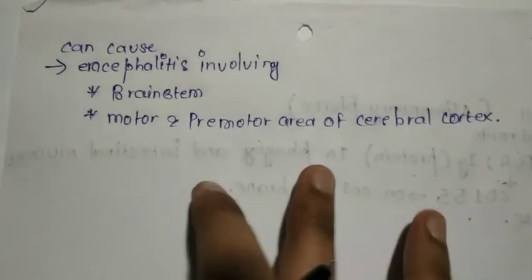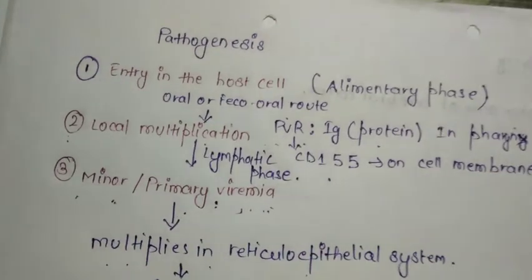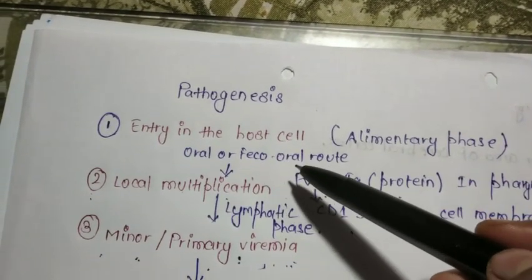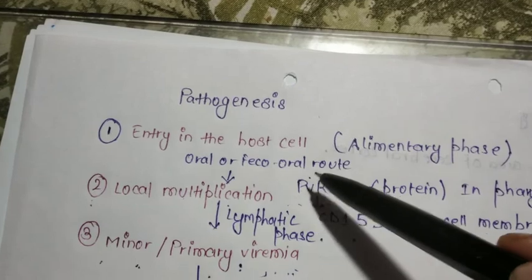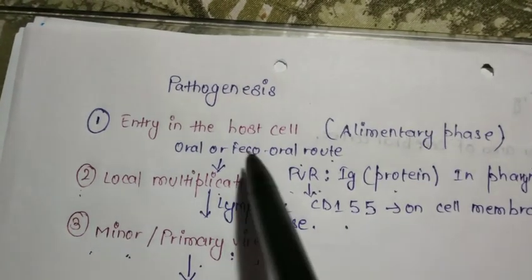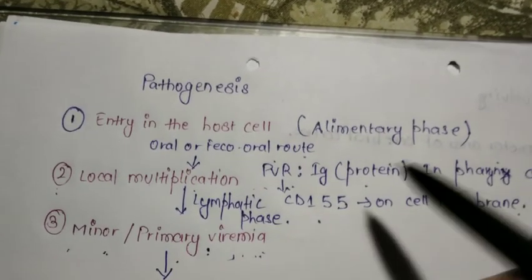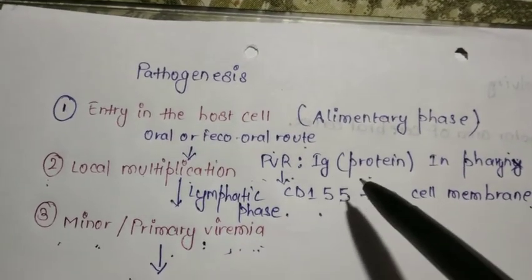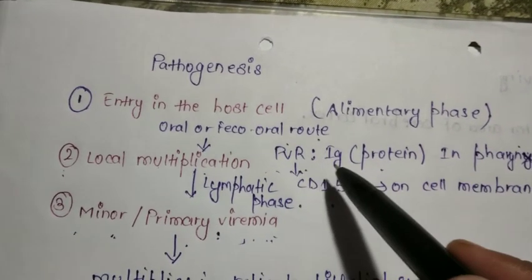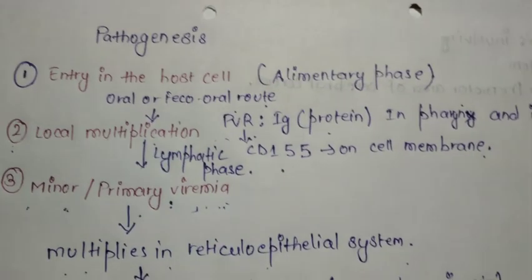Once again we are going to revise this. Once the viruses enter into the host cell through the oral or fecal-oral route, that phase is known as the elementary phase. After entry into the host cell, the viruses bind to the PVR, poliovirus receptor, present in the cells of the pharynx and intestinal mucosa.